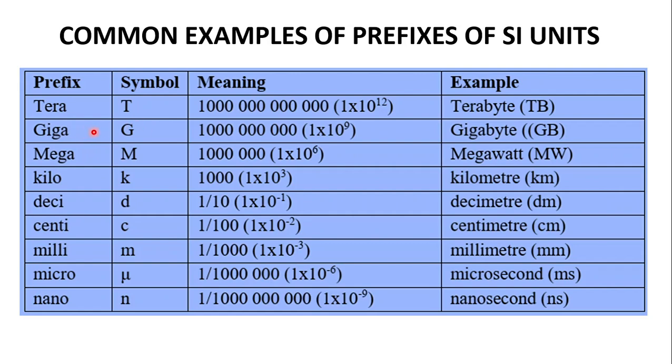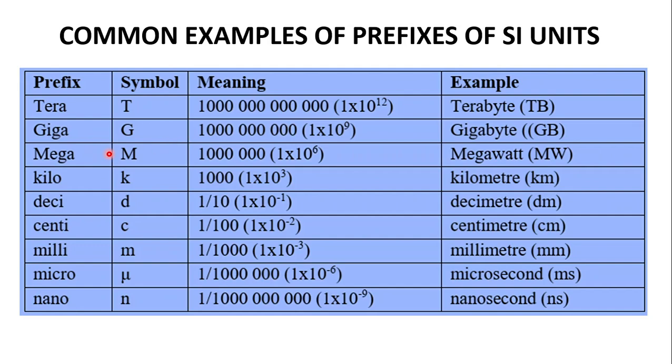Another one is a giga. Giga is represented as G, which is 1 billion or 1 times 10 to the power 9. So gigabyte, in short GB, means this amount of storage or data.